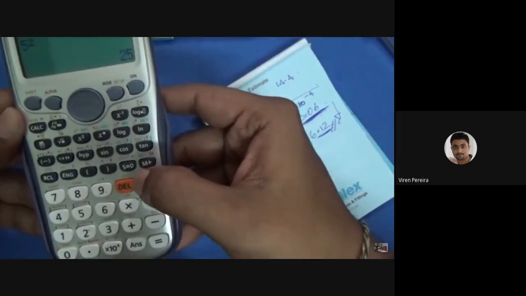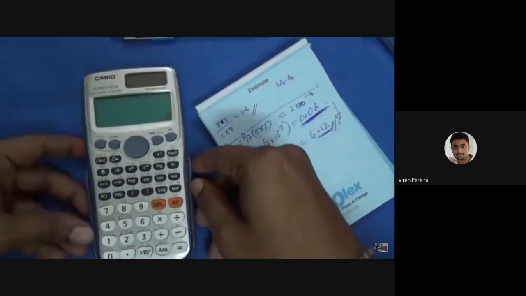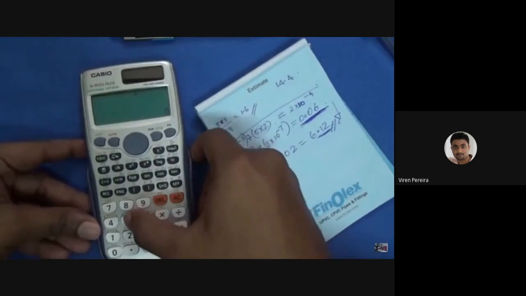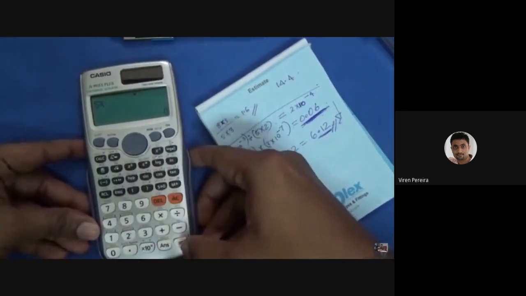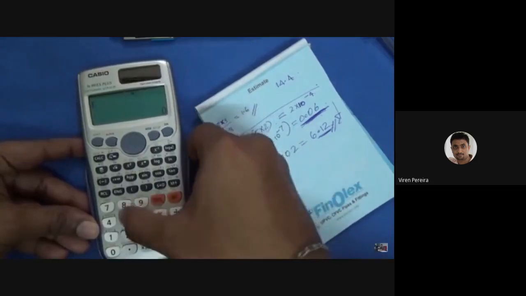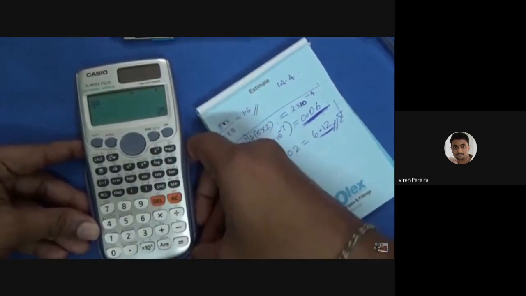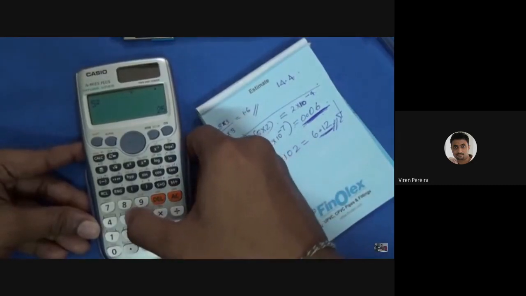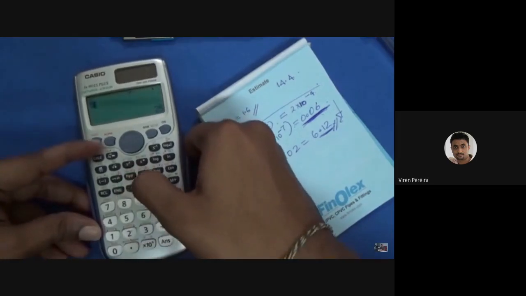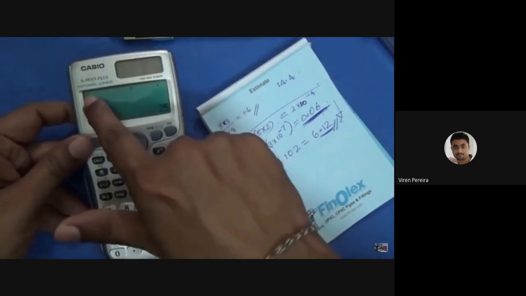So now say if I want to find out the value of 5 raised to the power of 2, or 5 square, I just press 5 and then the square button, which will give me 25. Now say if I want to find out the value of 5 cube, it will be 5 shift. Now when you press the shift key, you notice your S comes.